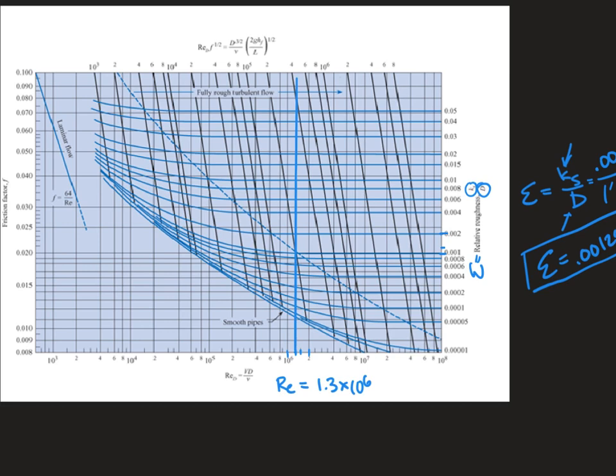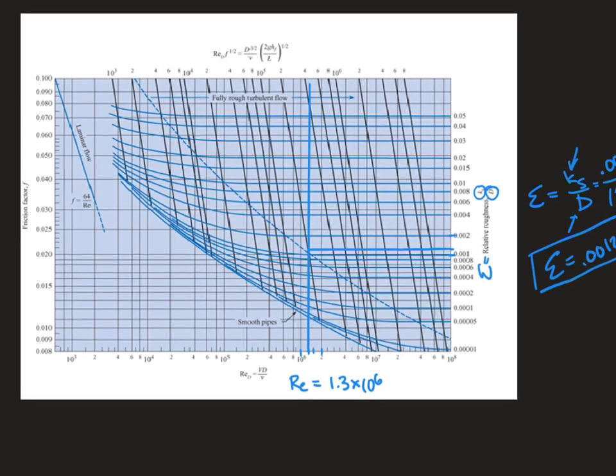Now, this can get quite frustrating, especially if you get into the curvy parts of the graph. Looks like we're not quite going to get into the curvy part, but I'll just go ahead and draw it this way. Now you can imagine if we got into the curvy part, then this line is going to kind of follow along here, and you're just going to have to do the best you can. But what's most important to us at this point is that we've got this intersection right here.